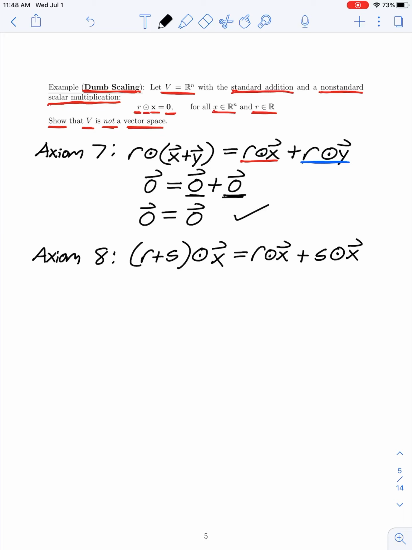Now, the way that we've defined this scaling is so that regardless of what our scalars and vectors are, this odd multiple is always the zero vector. So on our left-hand side, we have the zero vector, and each of these terms on the right-hand side are r circle dot x or s circle dot x.